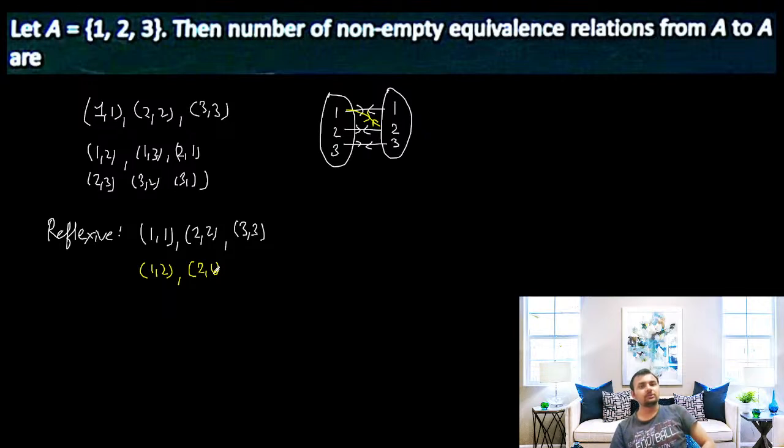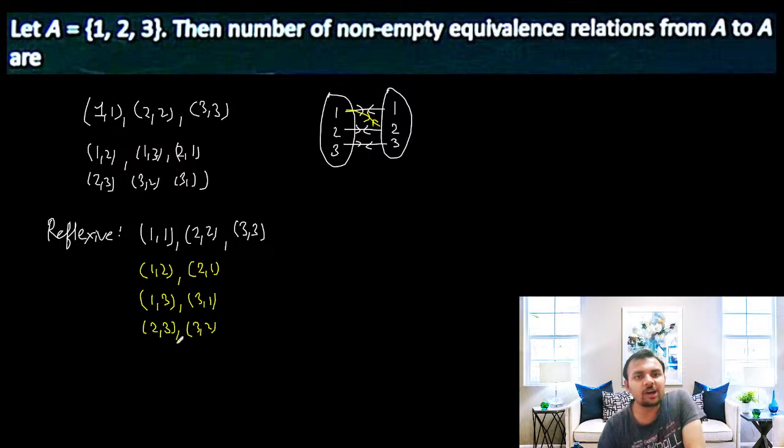So what will happen? We have such options like 1, comma 3, 3, comma 1, 2, comma 3, 3, comma 2. So this is okay. If we put one of these, we'll have to put the reverse as well.